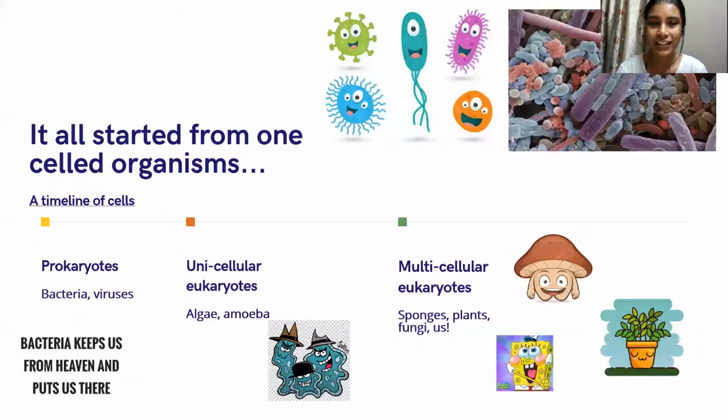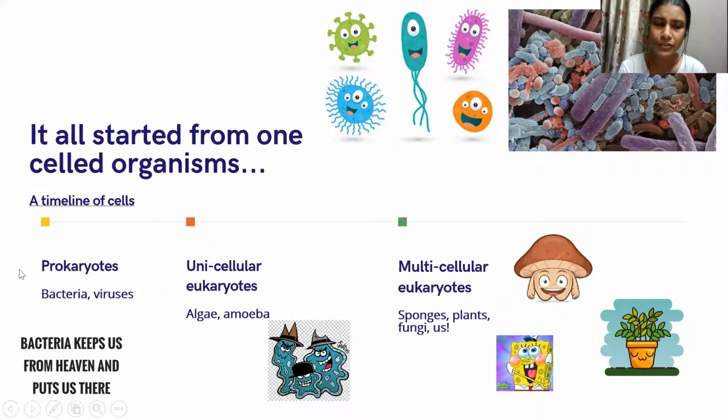Moving forward, now we come to a very important aspect and a very confusing one too: where did cells come from, and why did they evolve into so many different complex types of cells? So it all started from one-celled organisms. Let's see the timeline. Here we see the first thing that is said is prokaryotes.